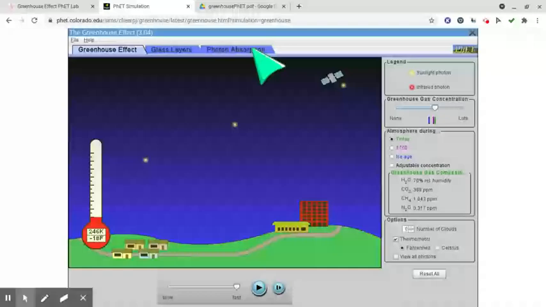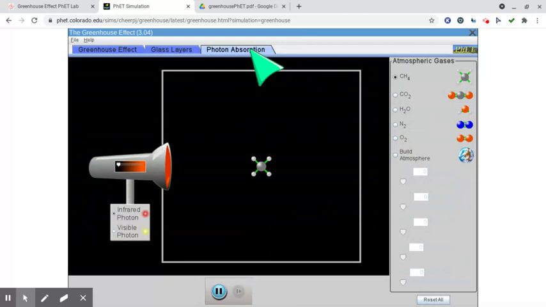And the first questions ask us about photon absorption. So let's go to the photon absorption tab. There we go. And we can see this is a molecule of methane, which is CH4. That is an atmospheric gas. And we're going to go ahead and put some infrared photons on this methane.